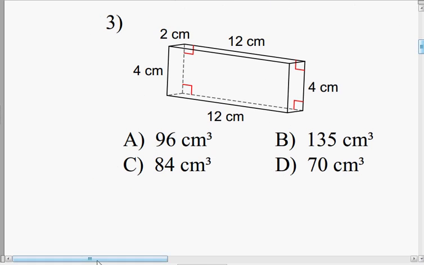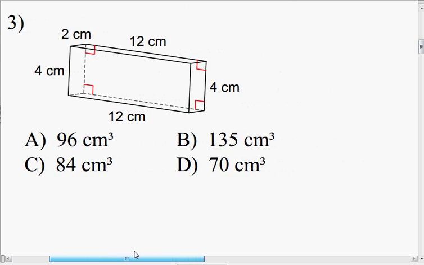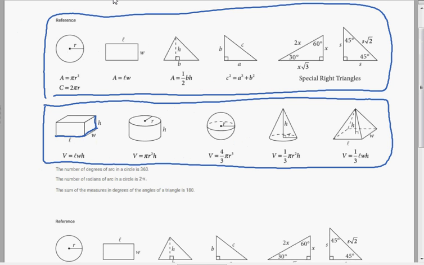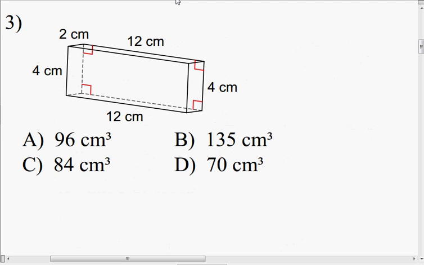Problem number 3, again, is a volume problem, and it is also a prism. It's a box. So I start off with length, width, height. So my length is 12. My width is 4.